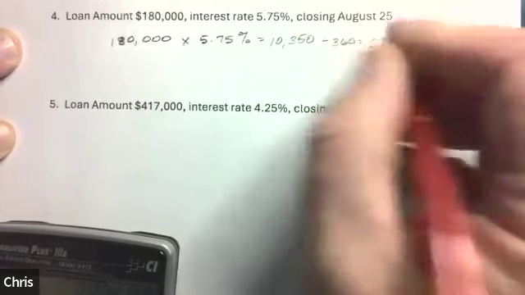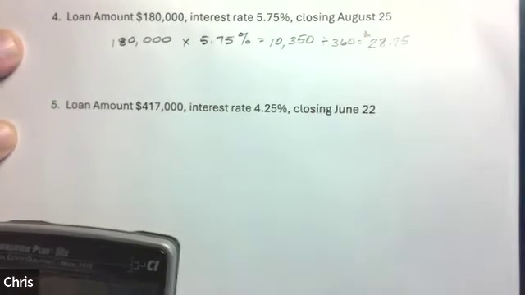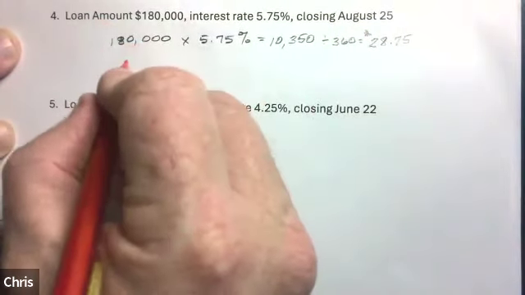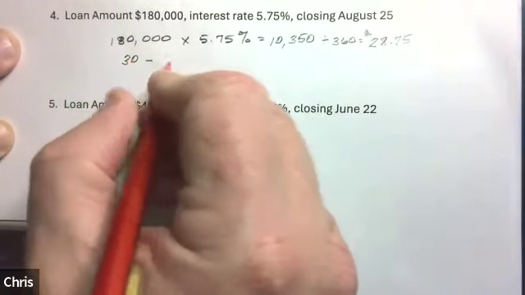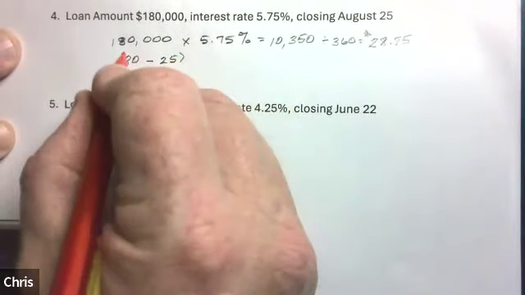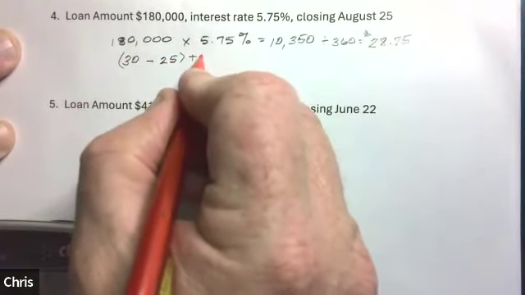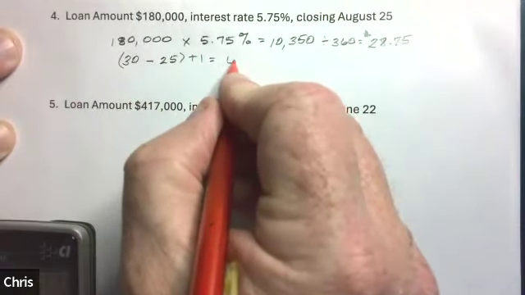This is an interim interest problem, so we're starting to know a few things by this point. For calculating the number of days of interim interest, you take the days in the month, subtract out the closing date, and add back in the closing date. 30 minus 25 is 5, plus 1 is 6 days.